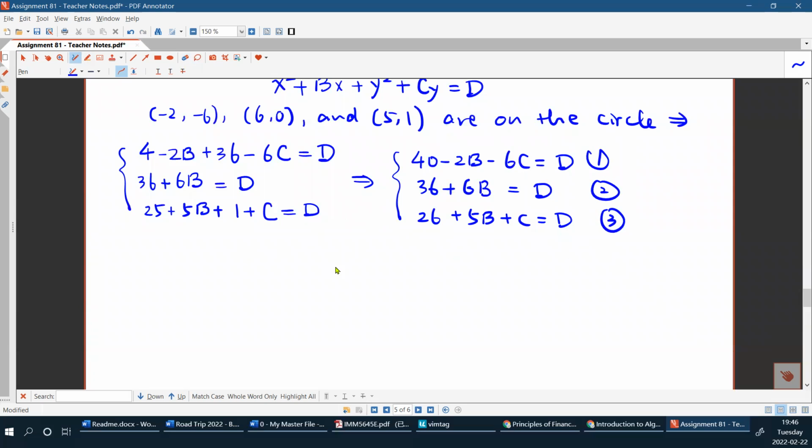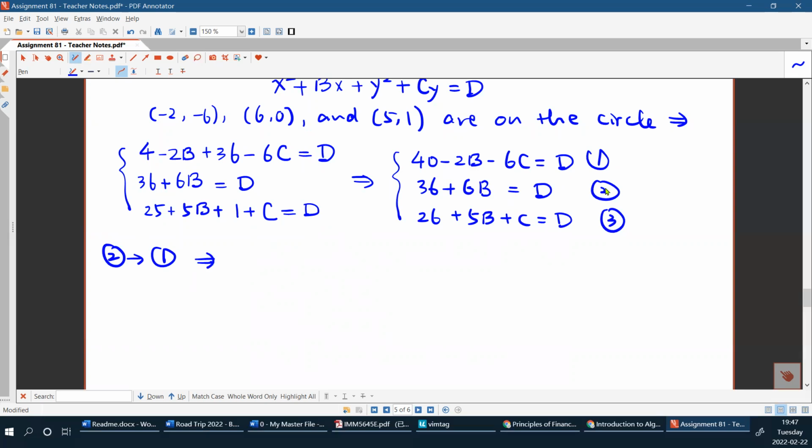First of all, we can eliminate one of the variables among b, c, and d, right? We can put equation 2 into 1 because equation 2 says d is just 36 plus 6b.